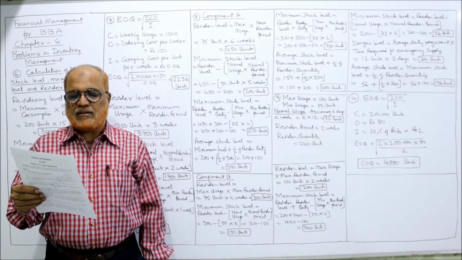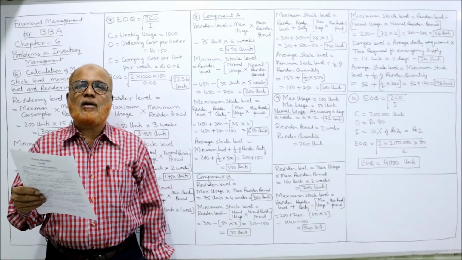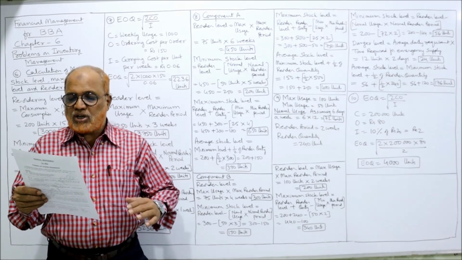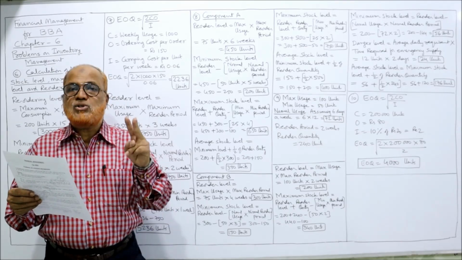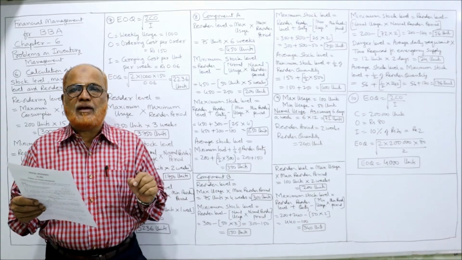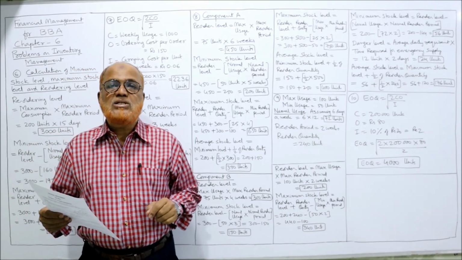Economic order size, that means reordering quantity, is 240 units. Time sufficient for emergency supply is 2 days. We require this for danger level.